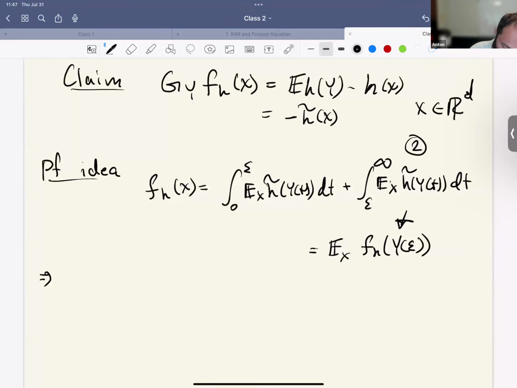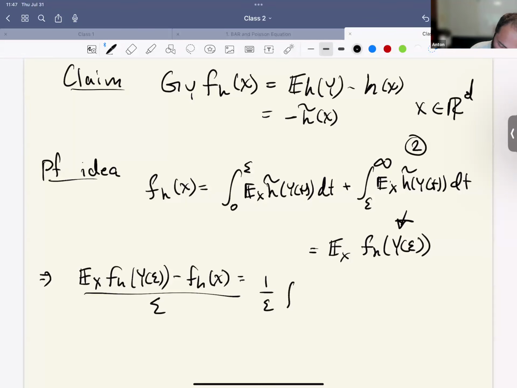Rearranging things, we have the expected value of f sub h of the potential at time epsilon minus f sub h of x equals 2 over epsilon, 1 over epsilon, integral from 0 to epsilon, expectation of h tilde of y of t dt.